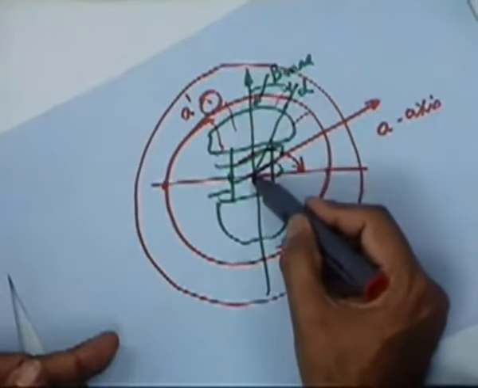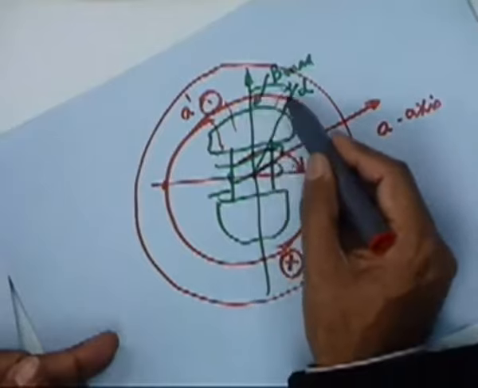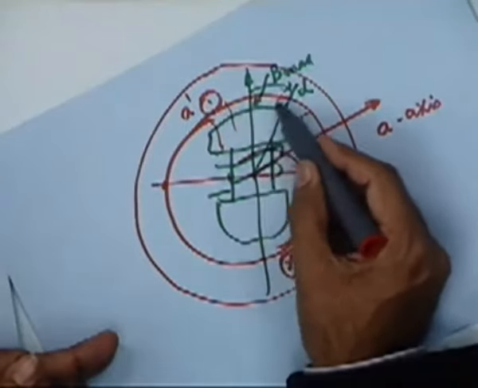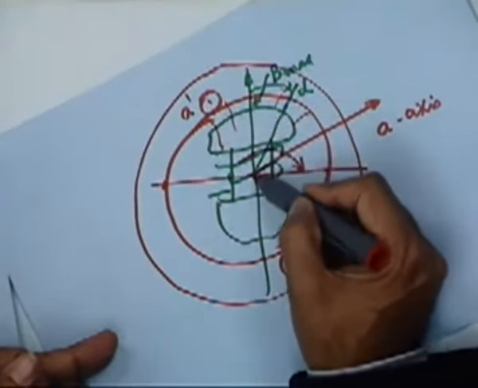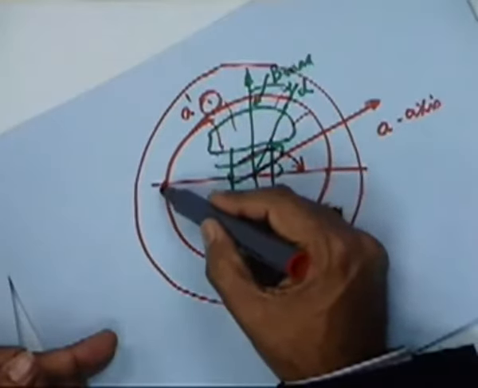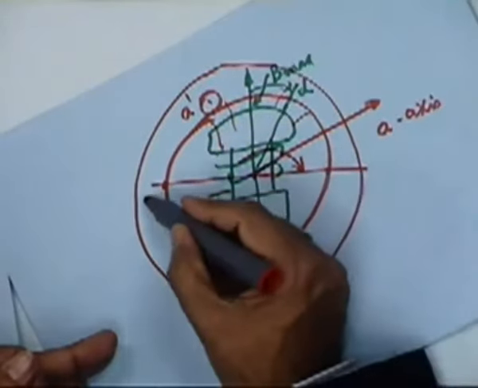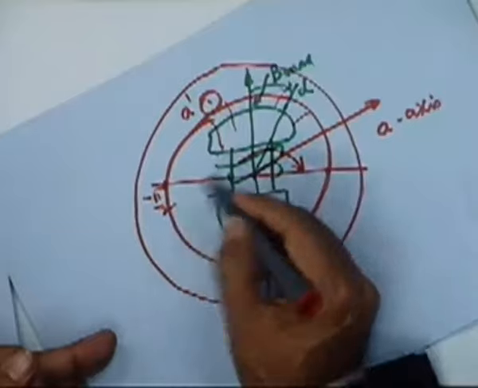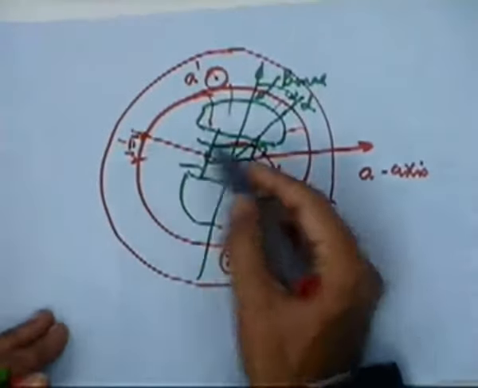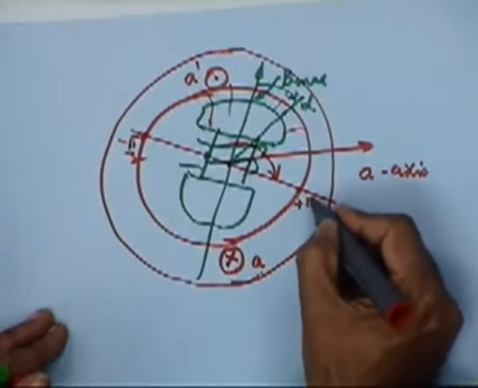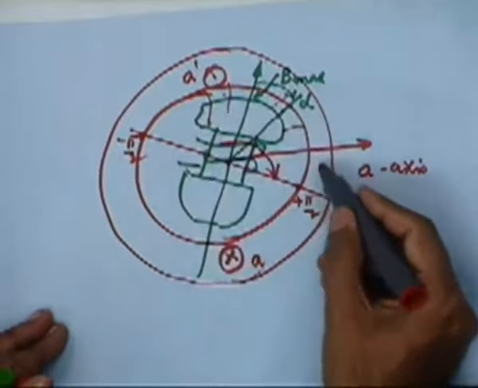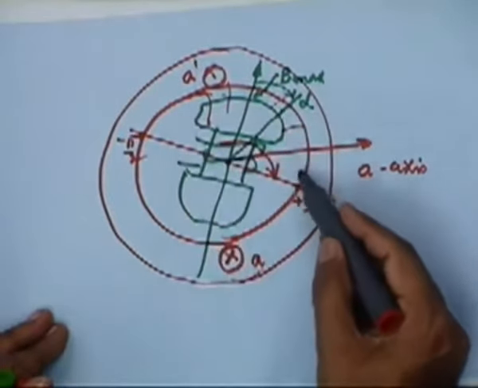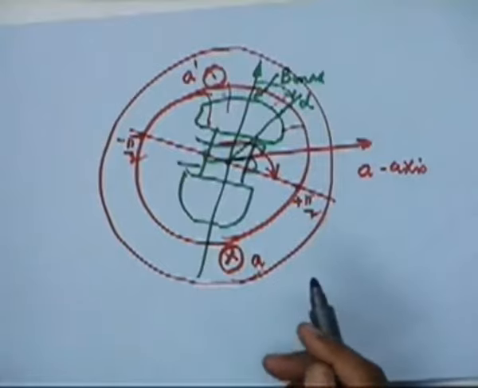The total flux per pole will be, when you integrate B with reference to space, say from minus pi by 2 to plus pi by 2. So throughout, if you integrate, you get the flux per pole.